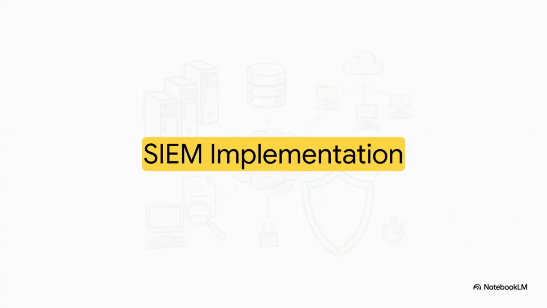Now, SIEM implementation might sound a bit intimidating at first, but trust me, you are completely ready for this. You're going to take those theoretical steps we just talked about, setting up the initial log collection, configuring the specific logic of your correlation rules, and then tuning the whole system to generate accurate, meaningful alerts, and you're going to implement them live. You're transitioning from an observer to an architect here, building out the exact kind of pipeline that defends real-world networks today. How cool is that?